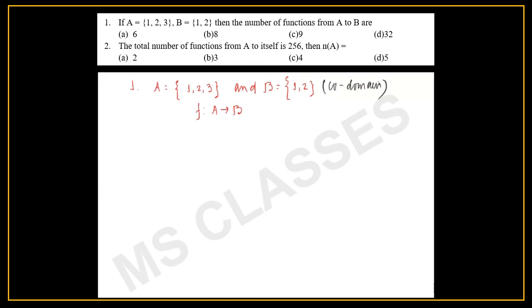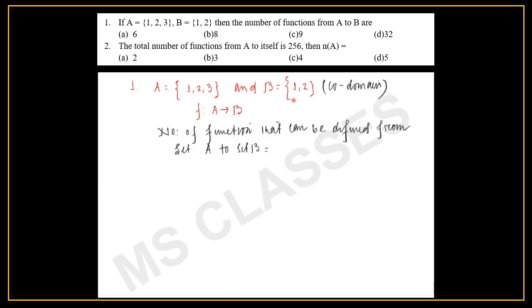Now, as we have done just now, in this case, what is the number of functions? Write down the number of functions that can be defined from set A to set B. It is equal to the number of elements in the codomain to the power of the number of elements in the domain.